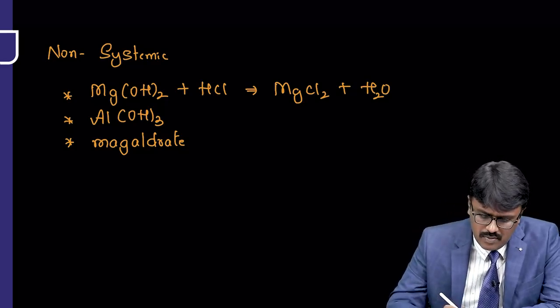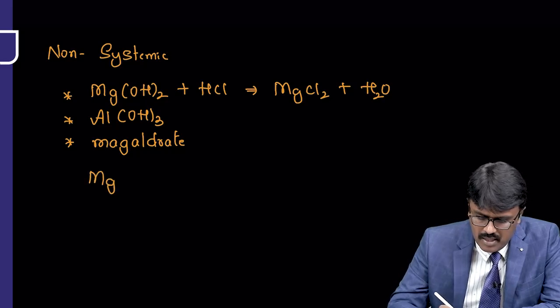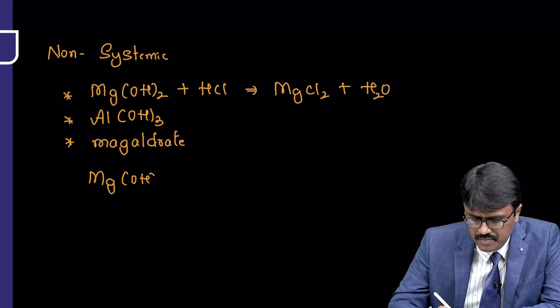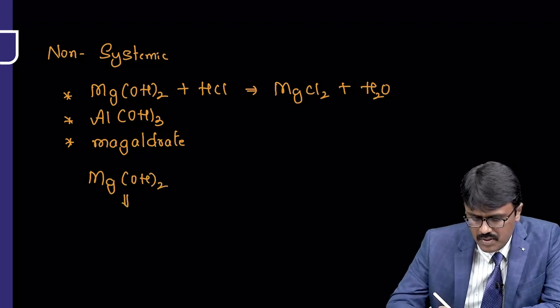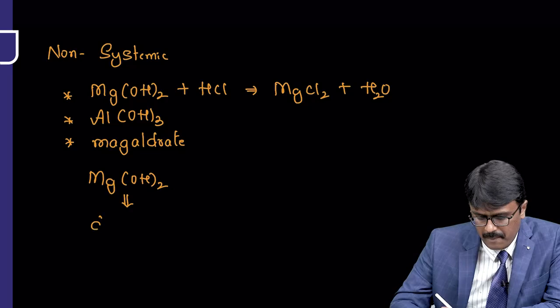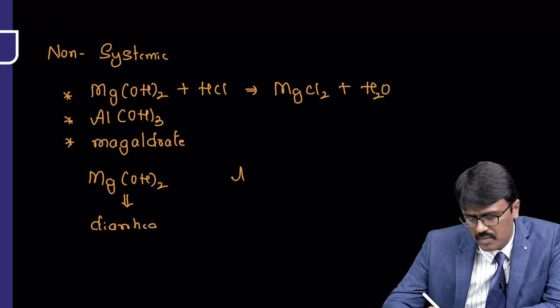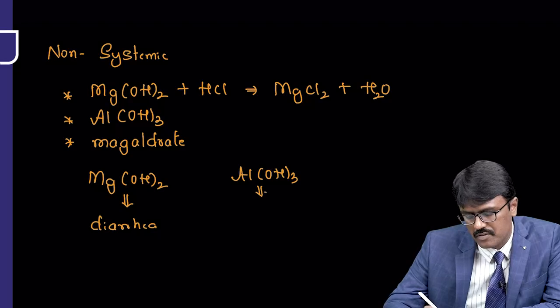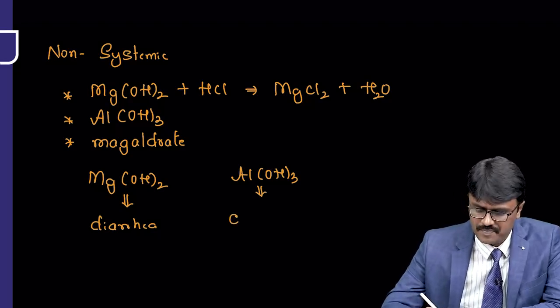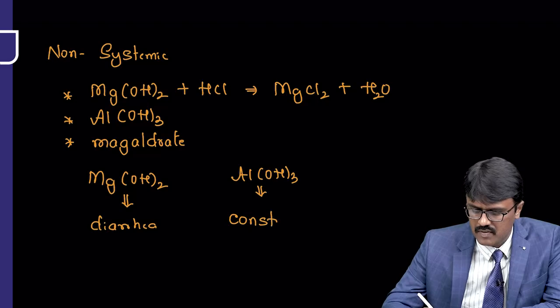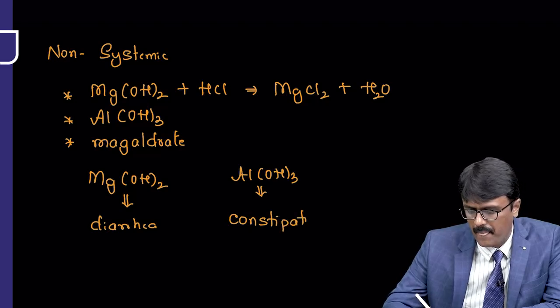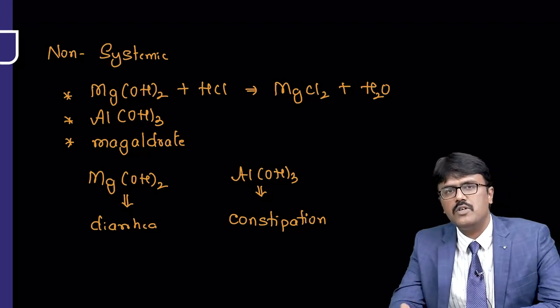The problem here is magnesium hydroxide. When I use it, the patient will complain of diarrhea. If I use aluminium hydroxide for the patient, he will complain of constipation. So you should decide and tell me which one I should give to the patient.